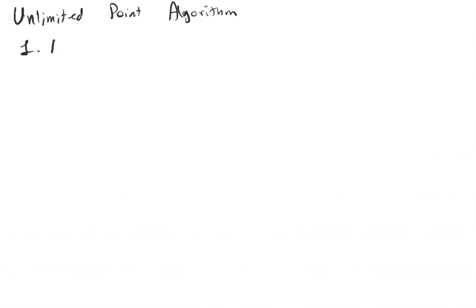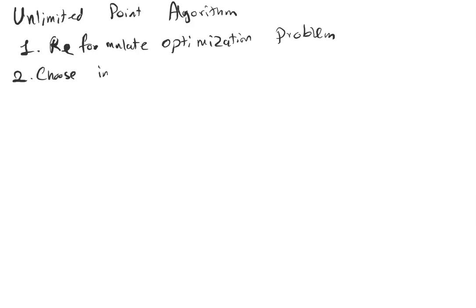All right, let's write the step-by-step implementation of the unlimited point algorithm. Step 1 is to reformulate our optimization problem. Step 2 is to initialize all of the values. So choose initial values for x0, all of our variables, our Lagrange multipliers, both for equality and inequality, and z0.